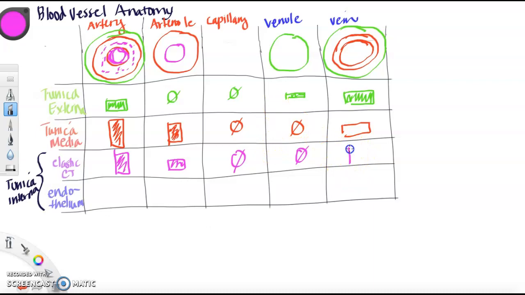Yeah, they do. Not as much as arteries, but they have it. So they have it here, and they might have a little in here too. Okay, so that's elastic connective tissue, that little band around the lumen there in the tunica intima.